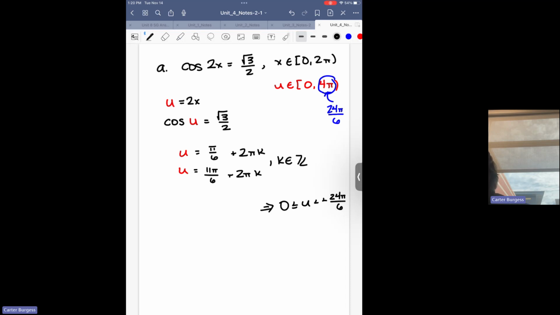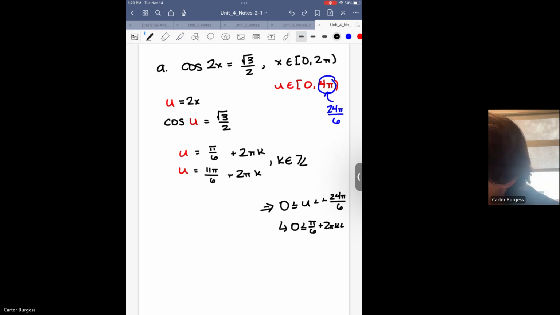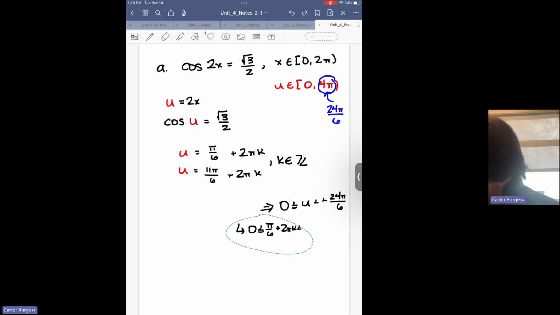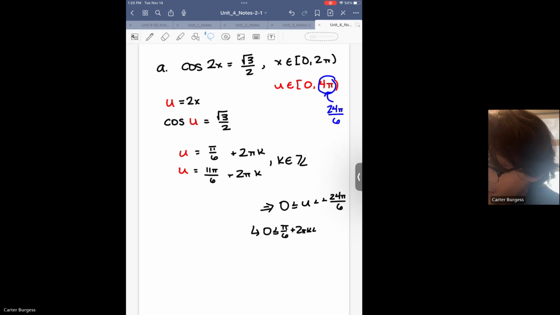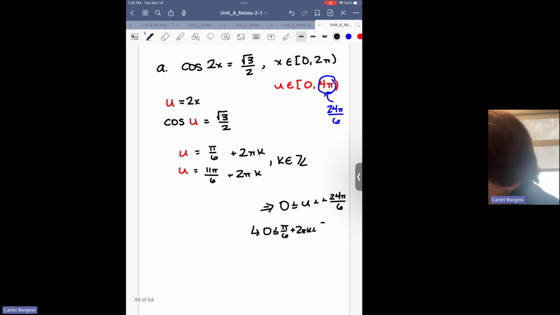And we have two different u's here. This either means for our first, what we described as a node, that 0 is less than or equal to this first node plus 2 pi k is less than 24 pi over 6.